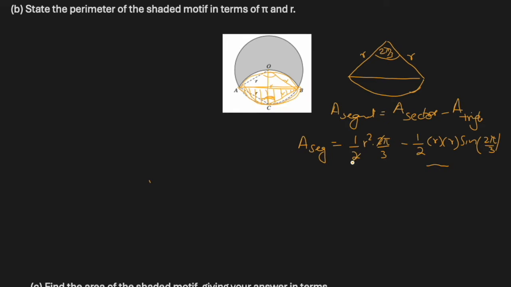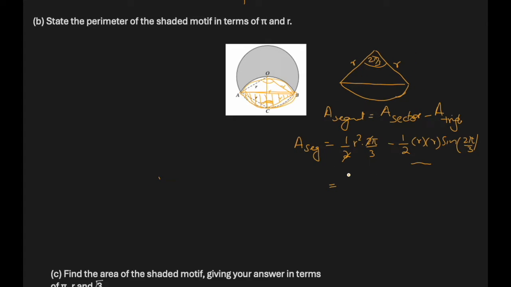Anyways, what will this be? This 2 and this cancel, which will become pi r square over 3 minus 1 over 2 r square, and sine 2 pi by 3 is sine 60, right? Square root 3 over 2. So pi r square over 3 minus square root 3 over 4 r square.